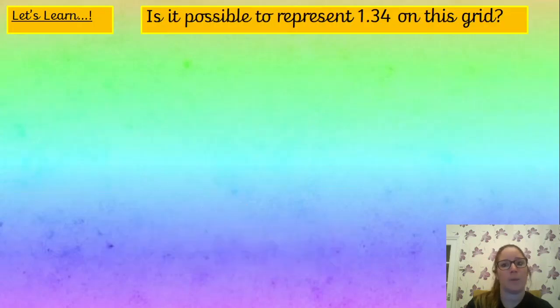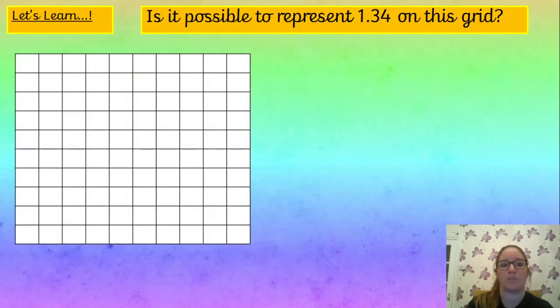Is it possible to represent that number on this grid? We've got 1.34. Think back to yesterday's work. Think about what 1.34 is as a fraction. Can we represent it on this grid? The answer is no. Because 1.34 tells us we've got 1 whole, 3 tenths and 4 hundredths.